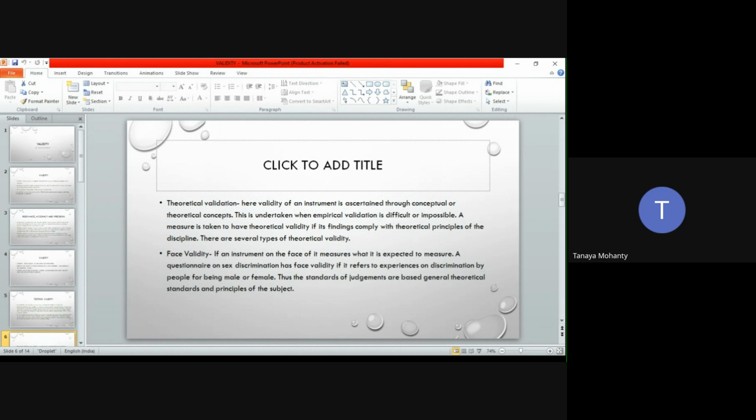So I'm trying to measure sex discrimination, and I have read all theories on sex discrimination. I have read all the variances as far as sex discrimination is concerned, and I have put them into my questionnaire. So I use the general theoretical subjects and principles of my subject to construct my questionnaire. In such a case, I call it face validity.